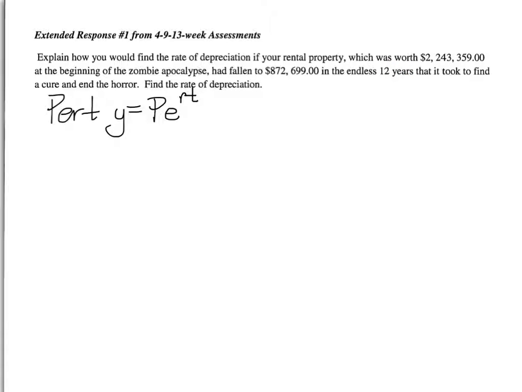So to fill these numbers in, when you explain, you have to verbally explain what you're doing to plug into this formula to solve and how to solve it. Then we're actually going to find the rate of depreciation. Let me show you how to do that exactly.